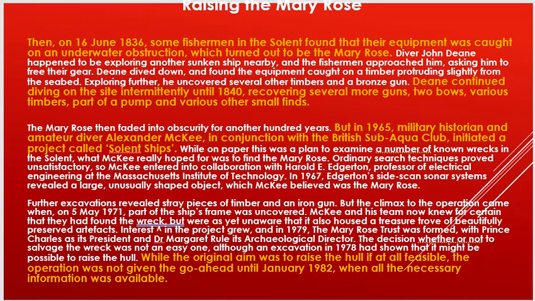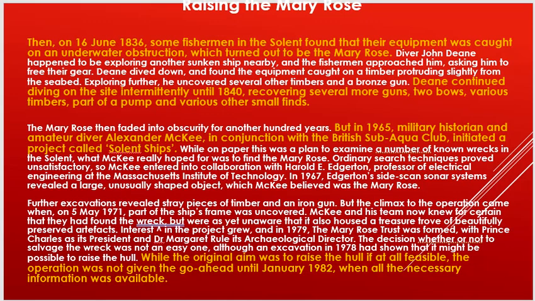So here let's look at this word called until. Until, of course, means the mission ended in the year 1840. So until that year, this one person named Dean continued his exploration of the Mary Rose, the ship.